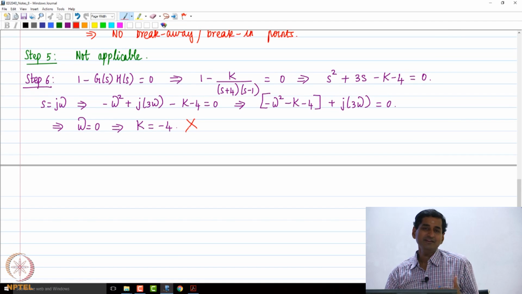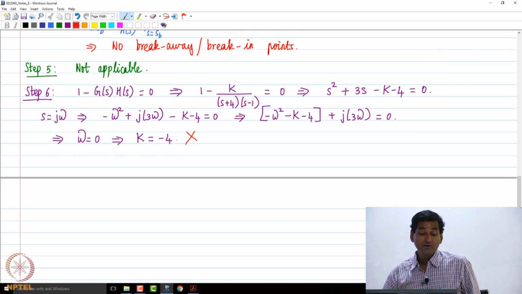Of course, I need not even have done these calculations once again, because step 2 immediately tells me that there is no crossover point, because omega equals 0, or s equals 0, is not a crossover point. But why should I still do this? Because I have to double check.